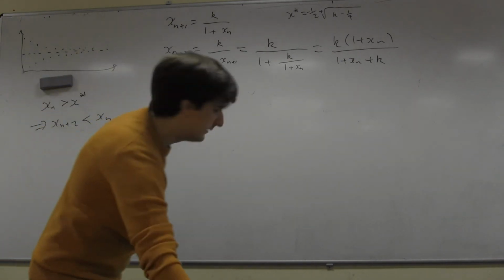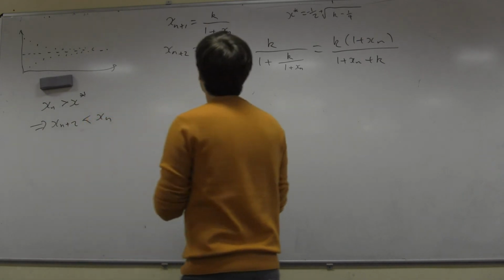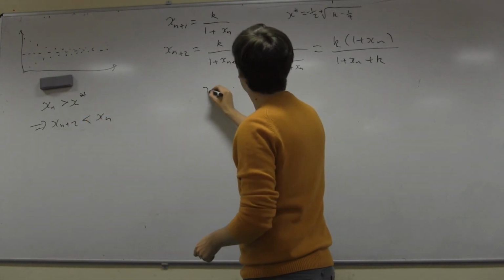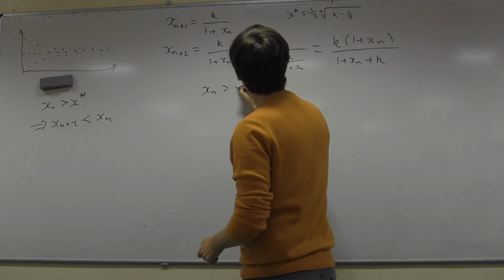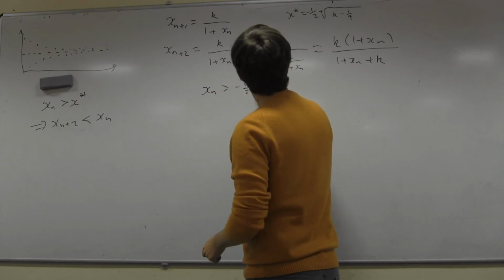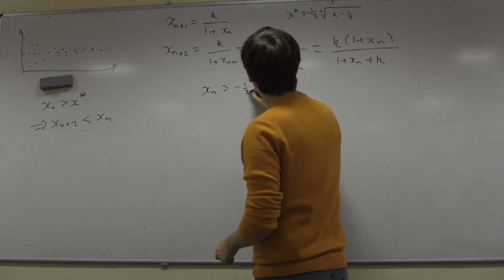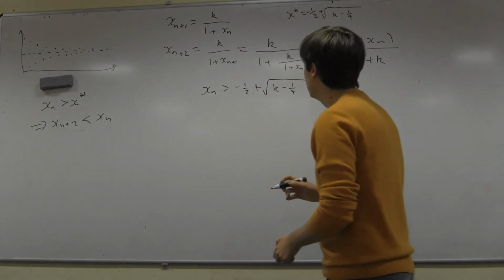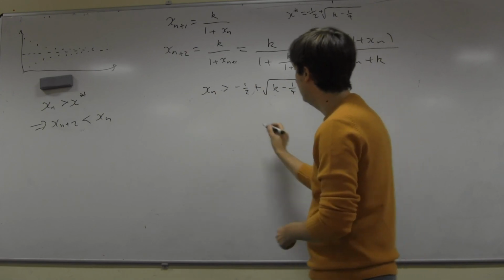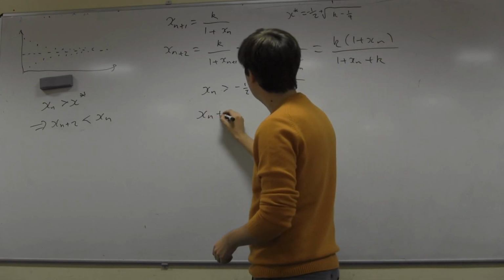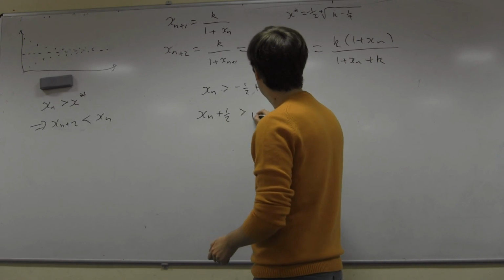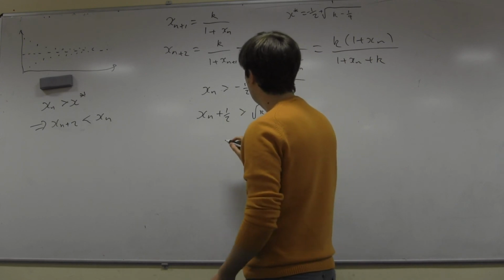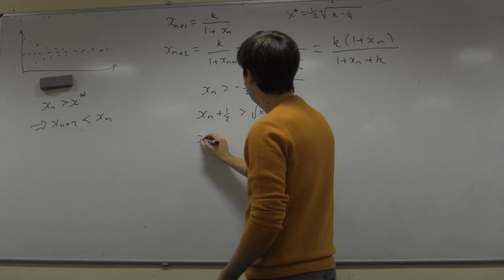So let's try and prove this. If xn is bigger than x star, we have xn is bigger than minus a half plus the square root of k minus a quarter. So xn plus a half is bigger than the square root of k minus a quarter, kind of working backwards.